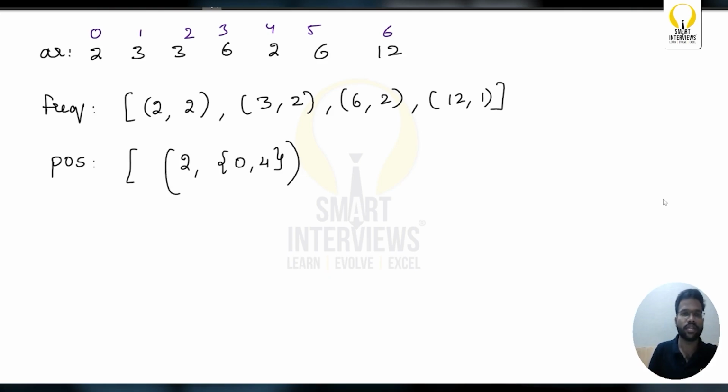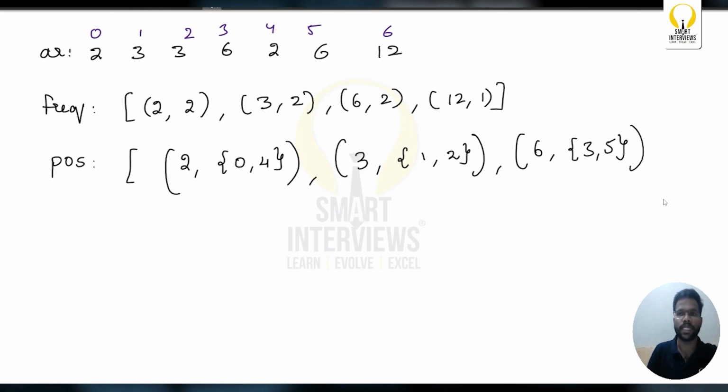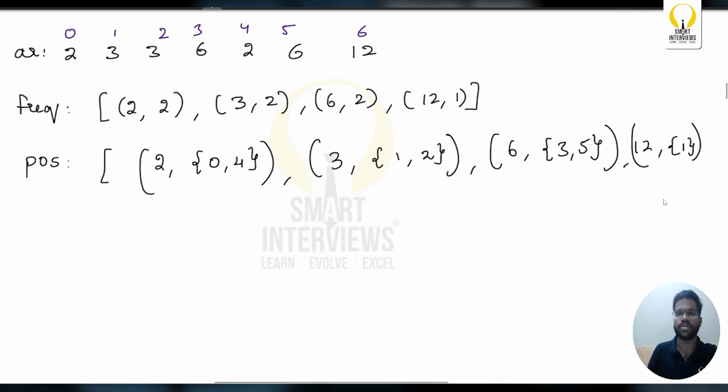This is one of the values in your position. Next, 3 initially occurred at index 1, and the last occurrence is at index 2. Next, 6 initially occurred at index 3, next index 5. Next, 12 occurred only at index 6. So yeah, this is the position array.